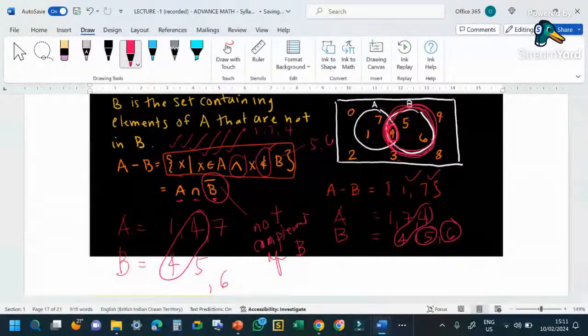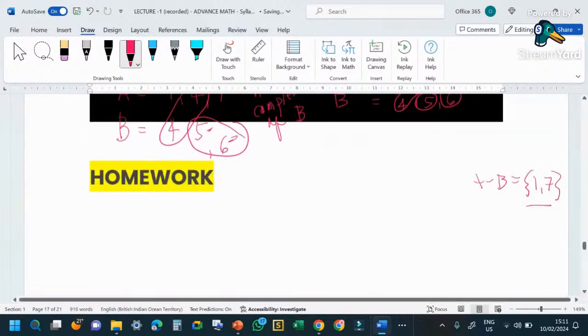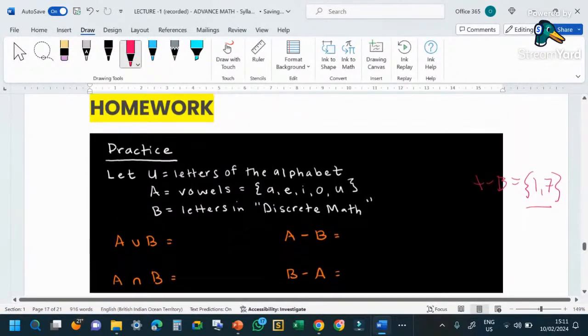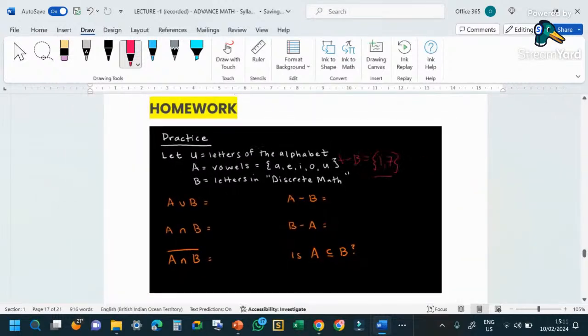So not complement will be 4 and 6. A intersection of not complement of B. So the answer would be A minus B is equal to 1 and 7. All right, so I hope you have understood the basic operations of sets.